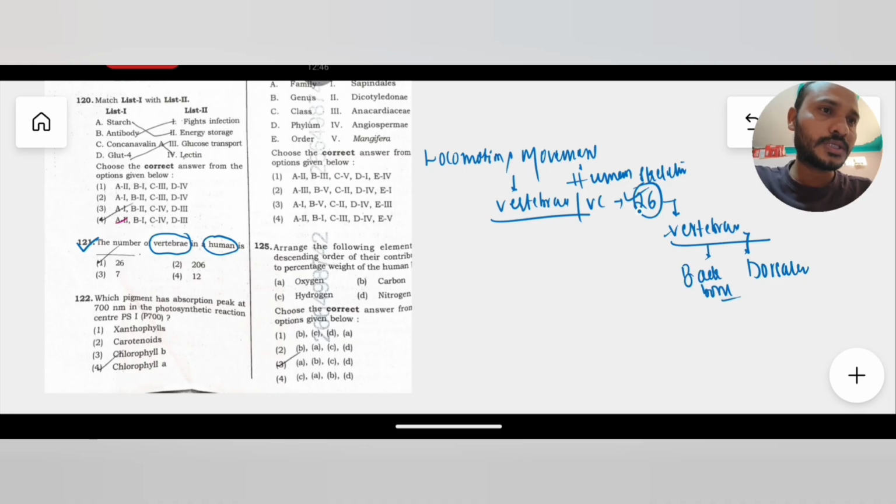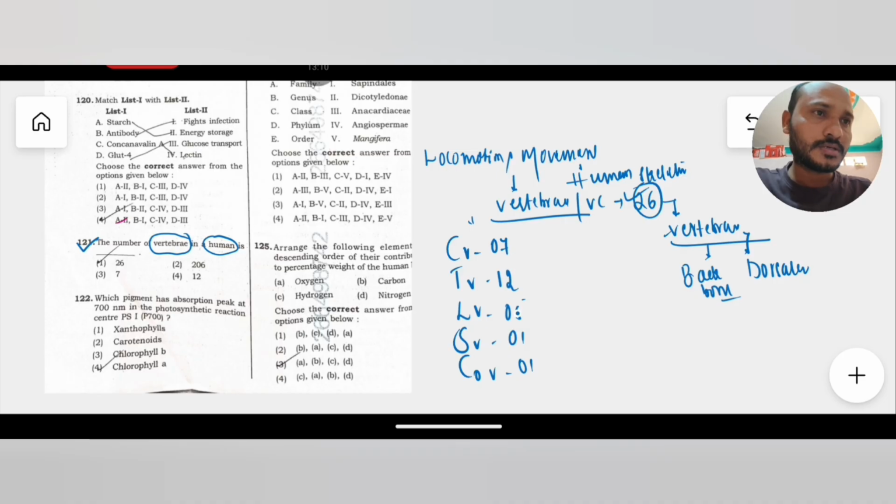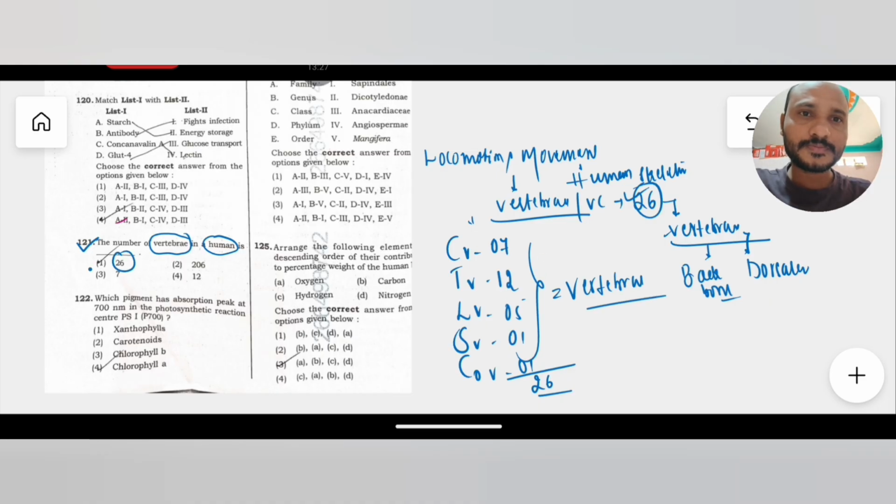So how are these 26 bones arranged? In the cervical region we have 7 cervical vertebrae, then 12 thoracic vertebrae, 5 lumbar vertebrae, 1 sacral vertebra, and 1 coccygeal vertebral bone. So 7, 12, 19, then 24, 25, 26. So there are 26 vertebral column bones serially arranged, and that is the right answer.